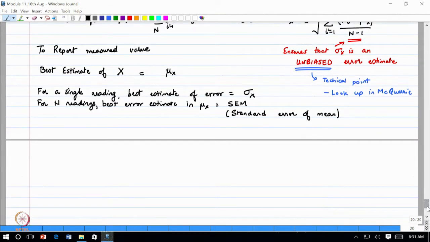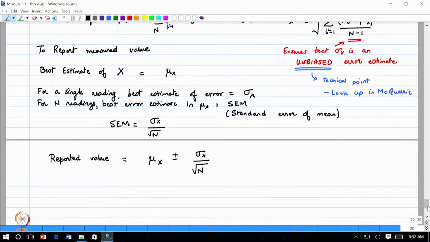When you report mu x as a reading, what is the best estimate of the error of mu x? The standard error of mean works out to sigma x divided by square root of n. So, your reported value is equal to mu x plus minus sigma x divided by square root of n.